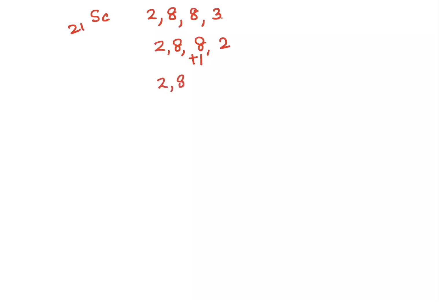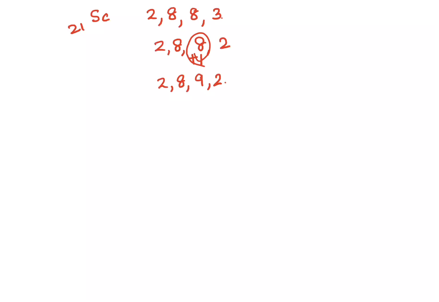So scandium instead has the configuration 2, 8, 9 and 2. And this goes on happening till the third energy level or the third orbit has had 18 electrons.